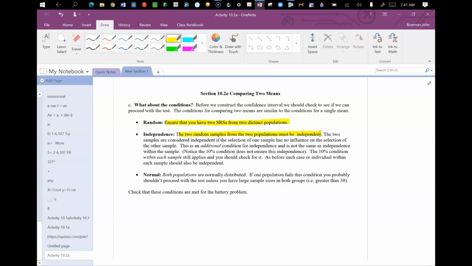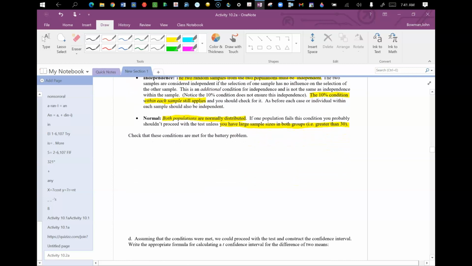But we also need to make sure that the 10% condition within each sample still applies. Otherwise, we wouldn't be able to calculate the individual standard deviations. And both populations have to be normally distributed, or both sample sizes have to be at least 30.